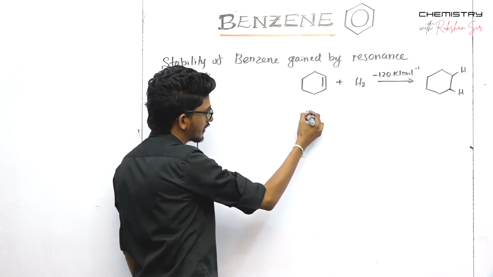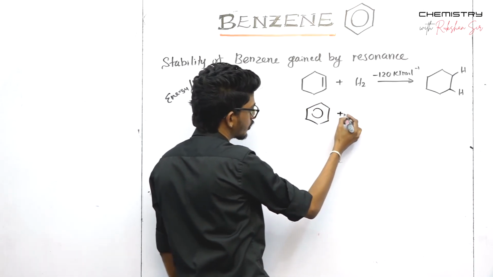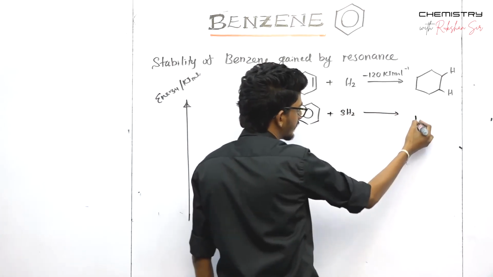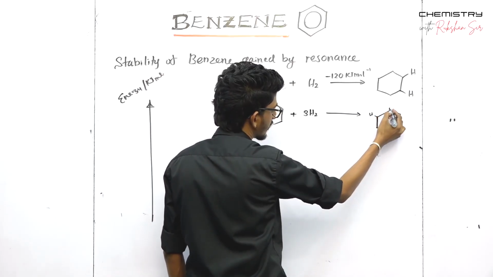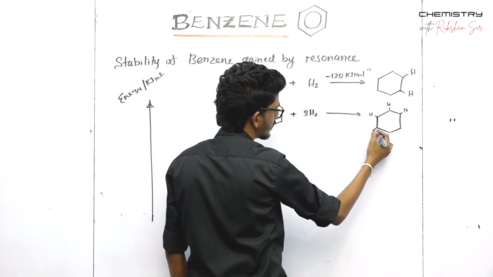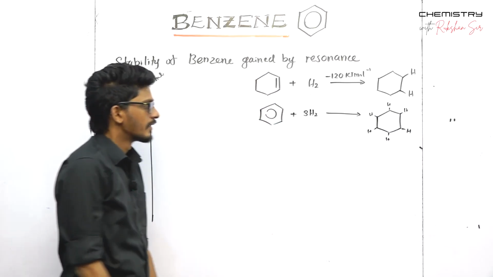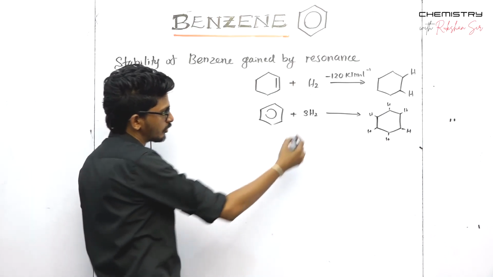And they have found that to hydrogenate benzene, to add hydrogens to benzene to come up with this, it required 208.